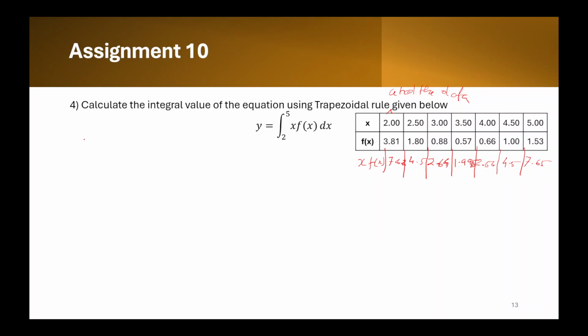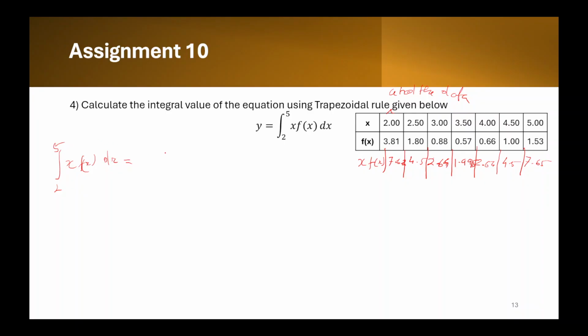So trapezoidal rule states that, from 2 to 5 we are given. So it will be, this is 2 to 5. So value of x from 2 to 5.